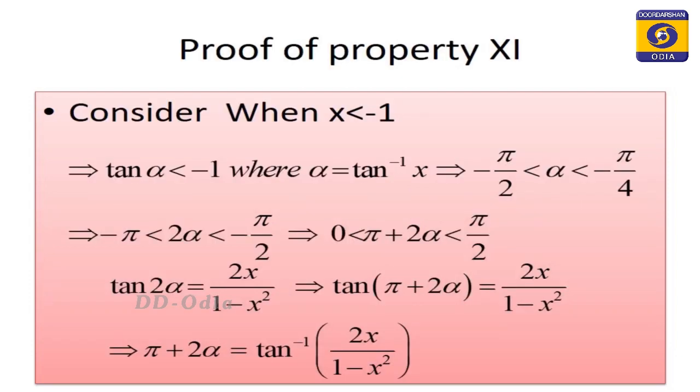So consider one case, that is x less than minus 1. Out of the 3 cases, we have to prove the formula for 2 tan inverse x for x less than minus 1.